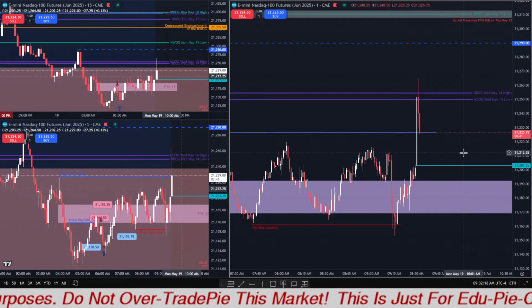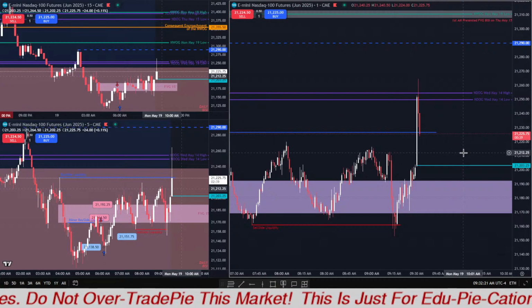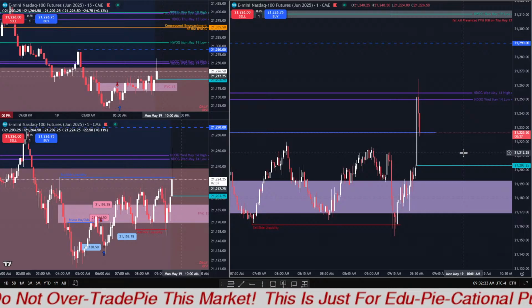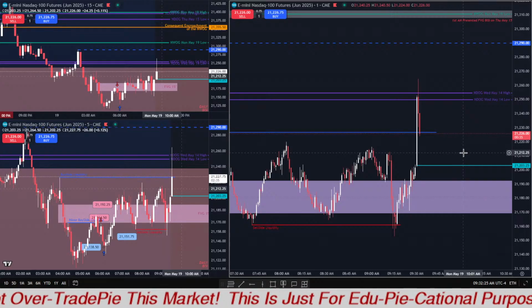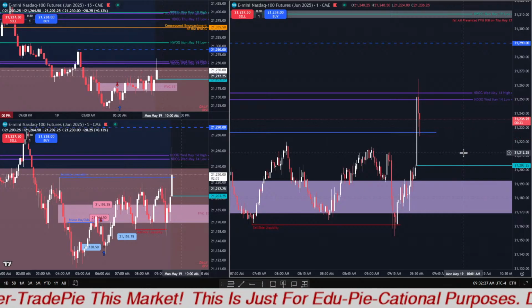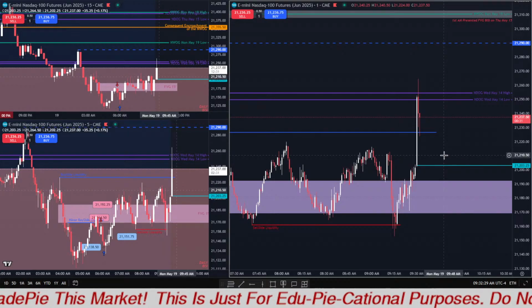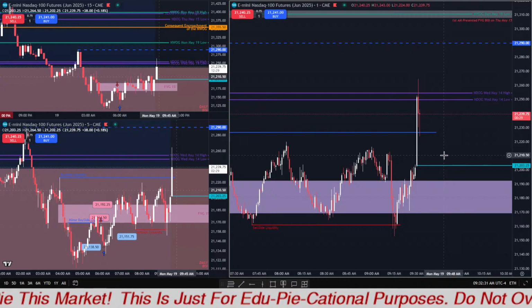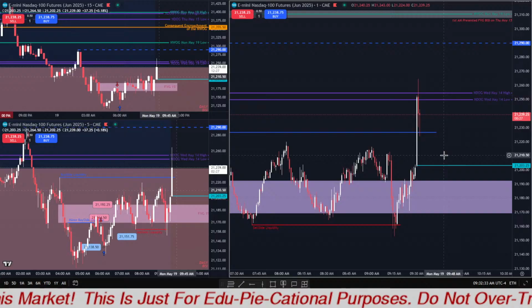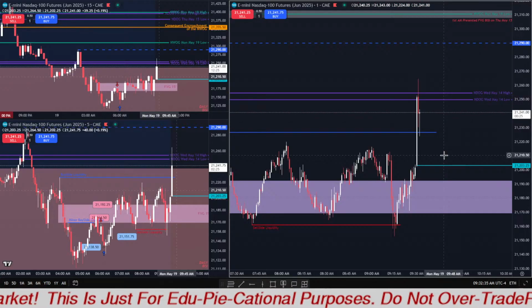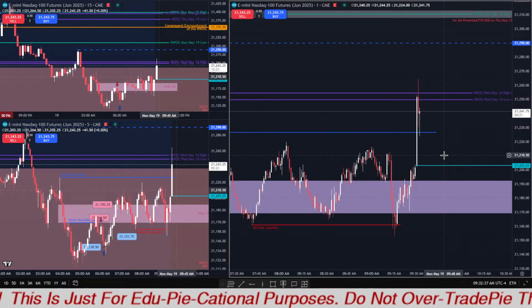No rush for any entry, and you have to also consider that today we don't have any economic news on the calendar, so the market can be a little slower, not very volatile or wide.